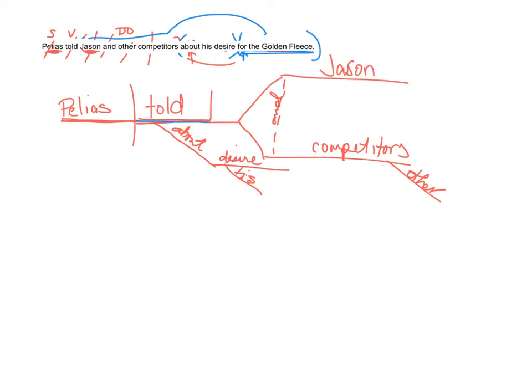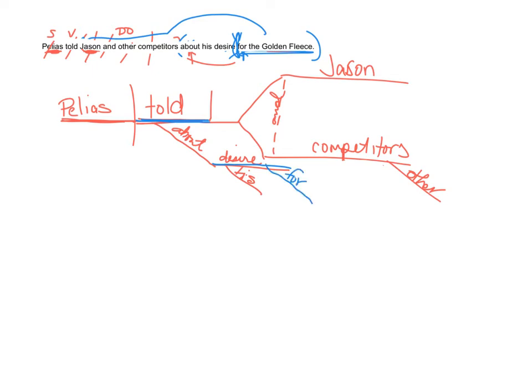However, for the golden fleece is not describing the told. For the golden fleece, is it describing Peleus? He is a for the golden fleece kind of Peleus. No. Does it describe Jason? It's a for the golden fleece Jason. No. Does it describe desire? Is it a for the golden fleece kind of desire? Yes. So it goes right here.